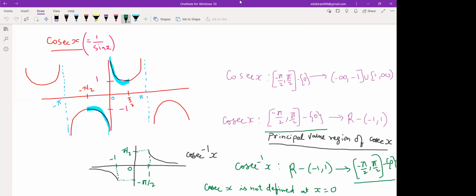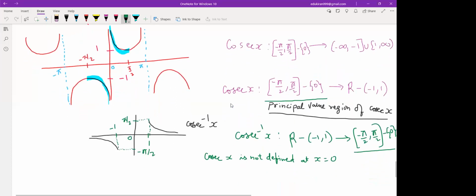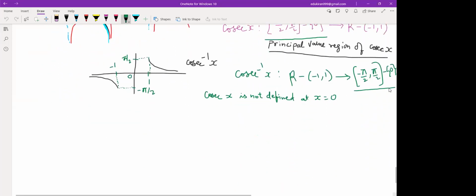So let us see for sec x. I hope you have written this. Everyone has written this.